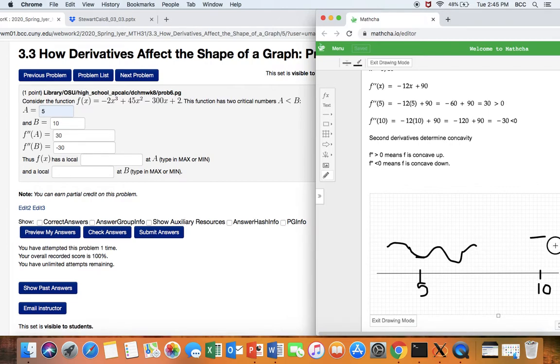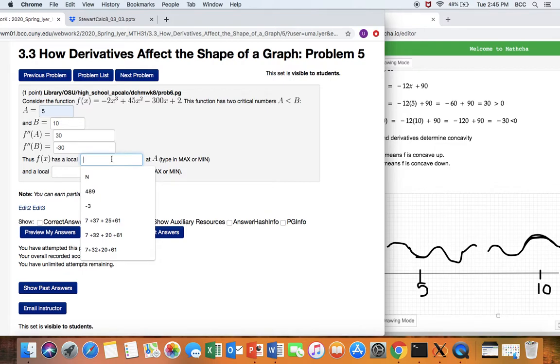It's something like this. We don't care what it does somewhere else, but here it's concave down. So what does that tell me? At 5, I have a local minimum. And at 10, I have a local maximum.